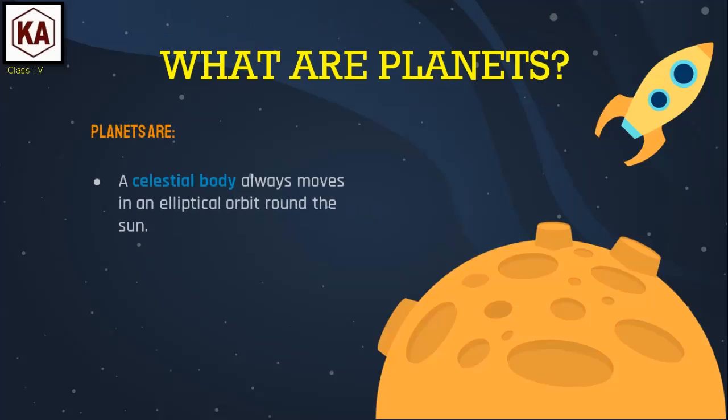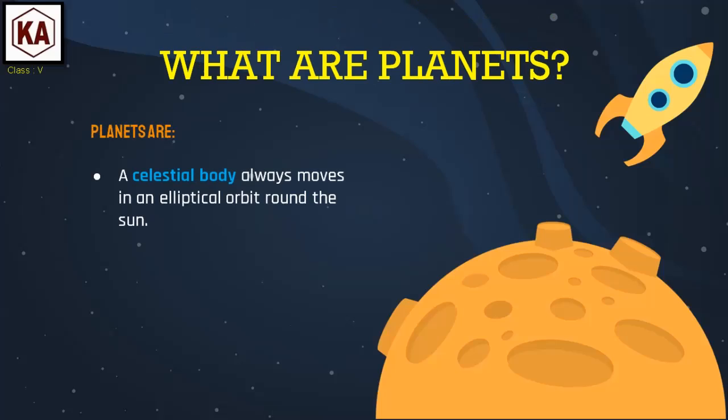So let me tell you that planets are celestial bodies that always move in an elliptical orbit around the sun. Celestial bodies are those found outside of the Earth's atmosphere, and can be the sun, the moon, and any other planet.